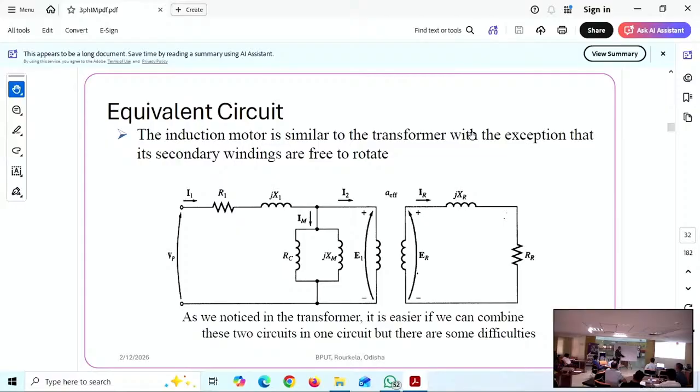Similarly for the other terms, resistance and impedance.